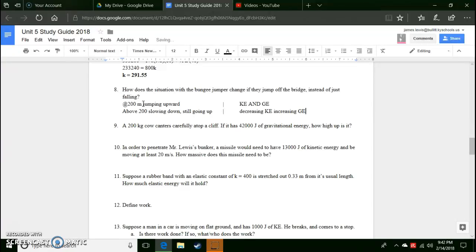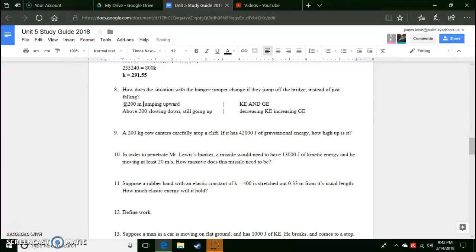Kinetic energy is going down because once you jump, you slow down. And then your gravitational energy is increasing because you're going even higher. And then at some max height, without doing the old kinematic equations from the beginning of the year, we can't figure out how high it actually is. But at that maximum height, he'll stop, right? He'll stop and then start to come back down again. So we'll have a max gravitational energy.